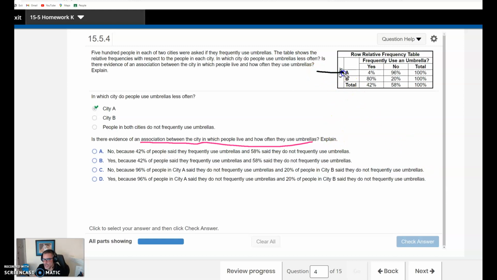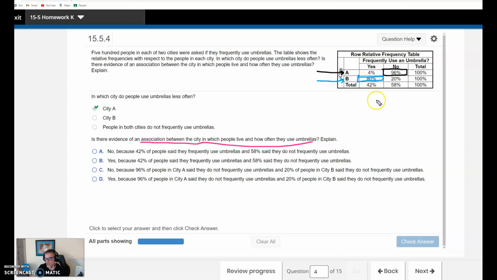Again, look at city A. If you live in city A, 96% of the respondents said they don't use an umbrella. Again, this is someone who lives in the dry Southwest, maybe even here in California. But if you look at the results for city B, it's almost completely flip-flopped. I'll use blue because they're the rainy folk. The vast majority do use umbrellas.